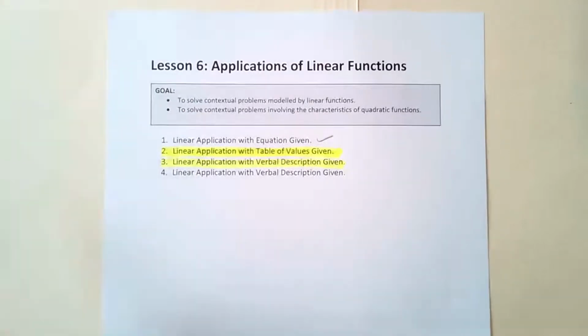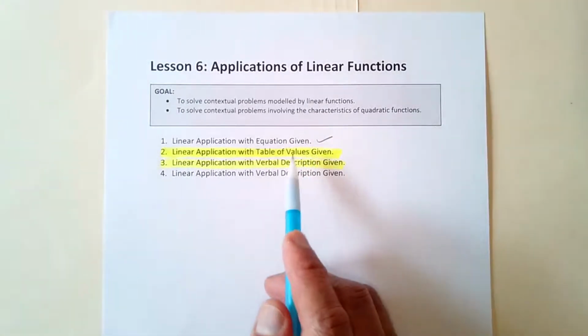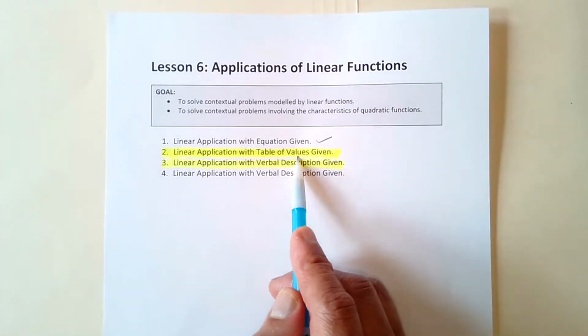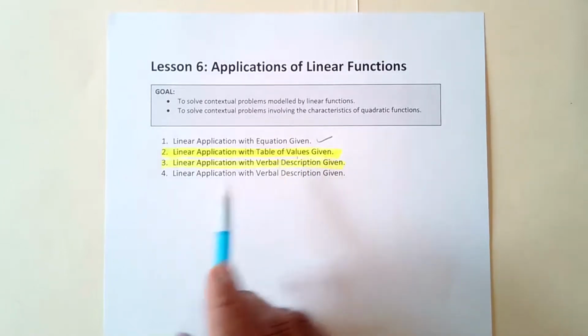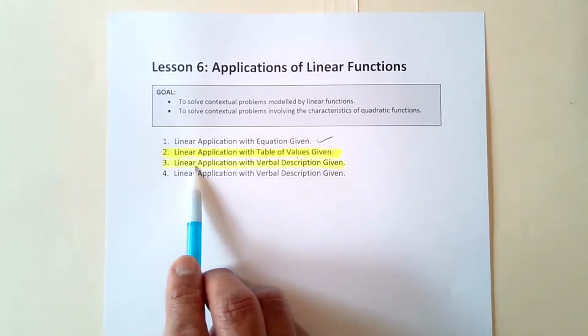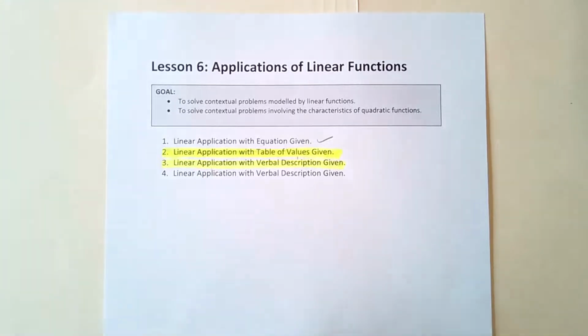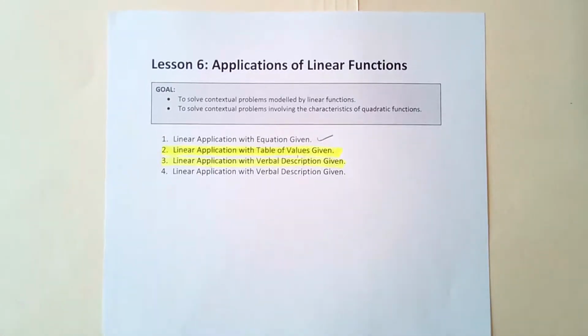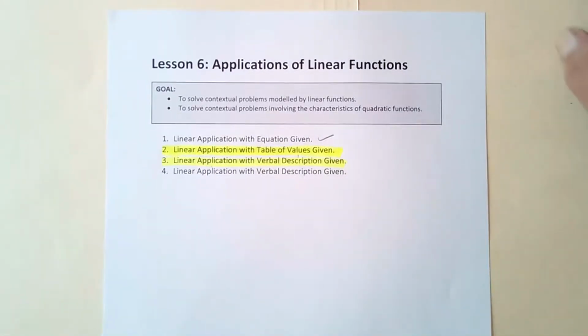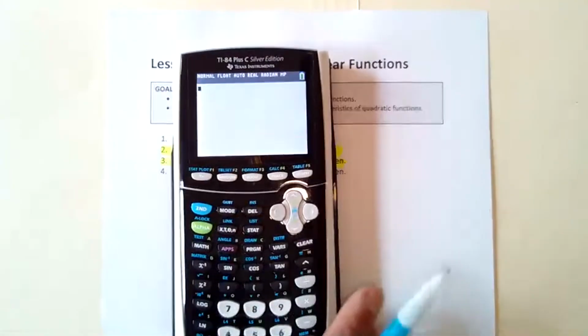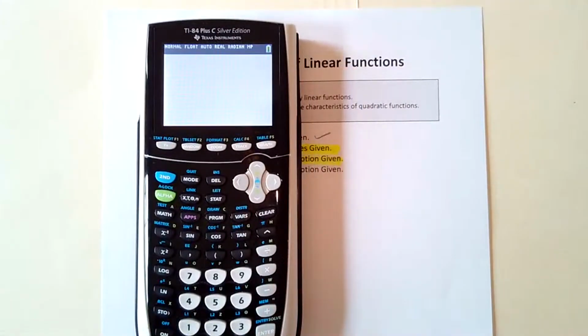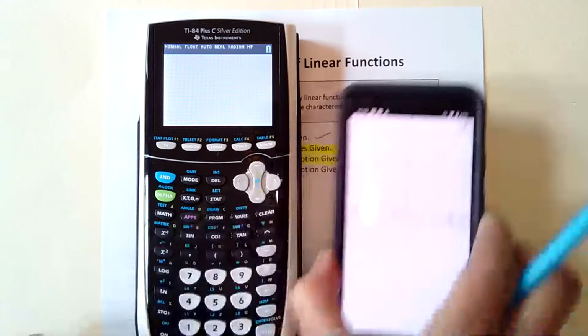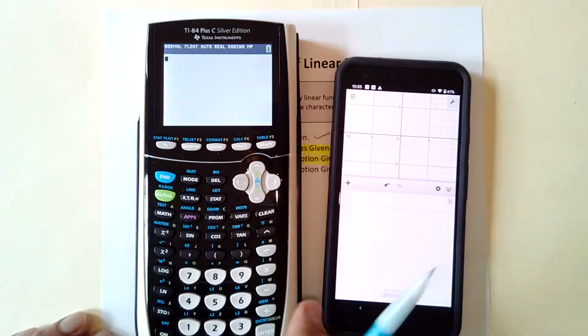Today we are going to look at questions where a table of values is given. And the next one we look at is when the verbal description is given. So the other two. For this set of assignments, you'll need your calculator, either a graphing one or Desmos, or the one on your computer.